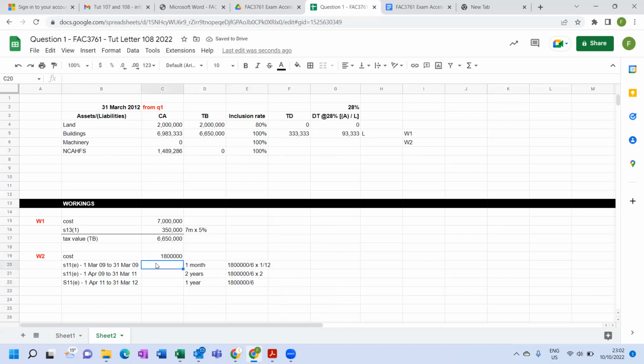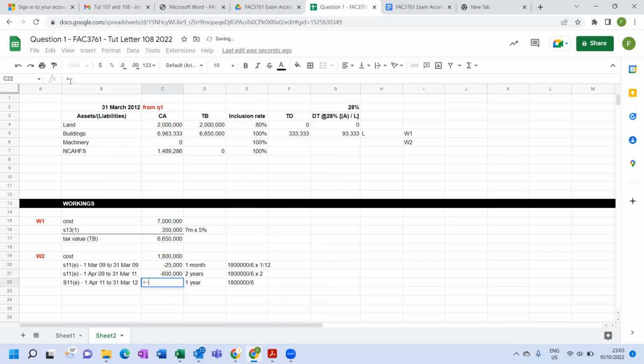So if I work it out, negative 1,800,123 divided by 6 multiplied by 1 divided by 12. Then this one over here is 1.8123 divided by 6 times 2, and I make that negative.